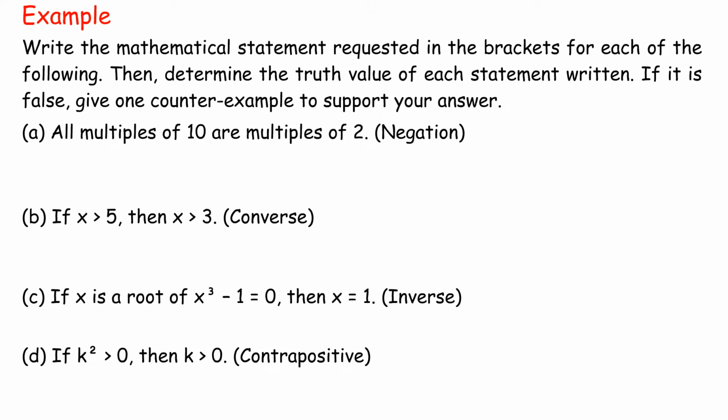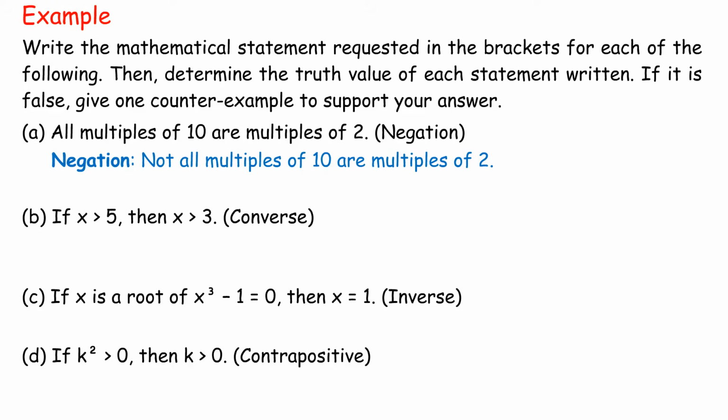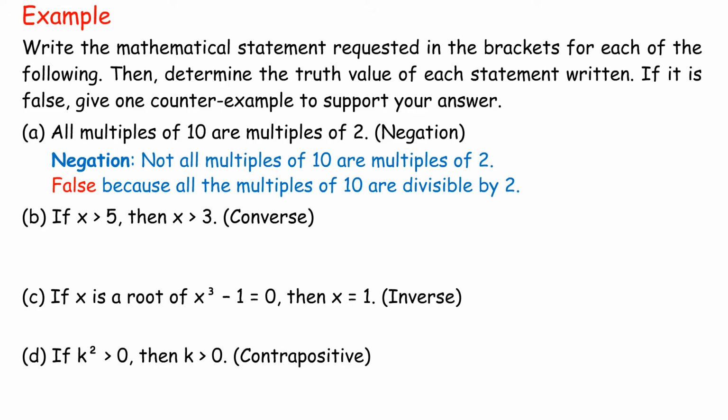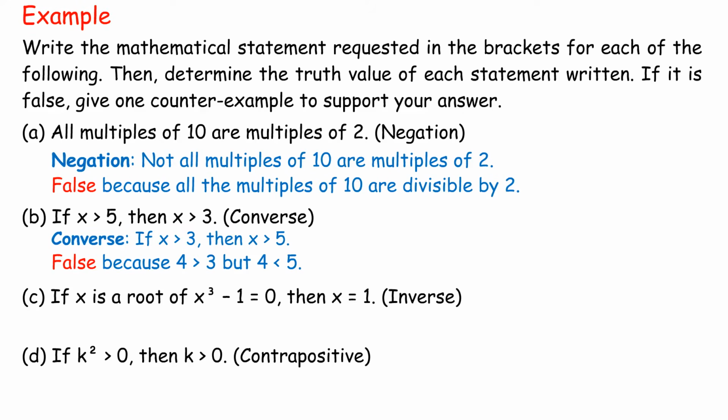Solution: A. Negation: not all multiples of 10 are multiples of 2. False, because all the multiples of 10 are divisible by 2. B. Converse: if x greater than 3, then x greater than 5. False, because 4 greater than 3, but 4 less than 5.